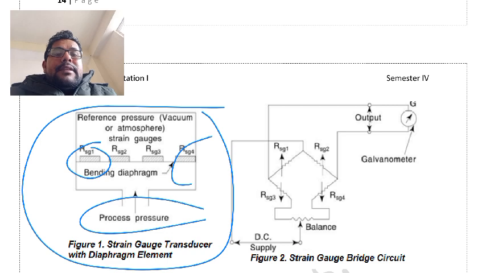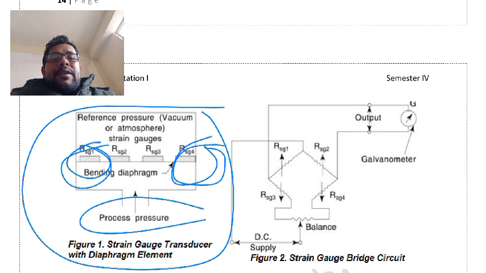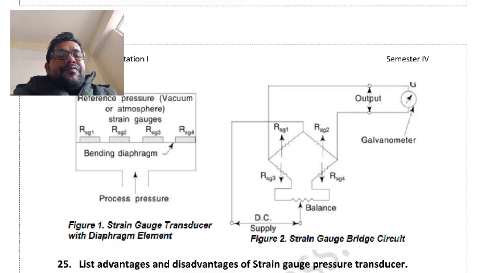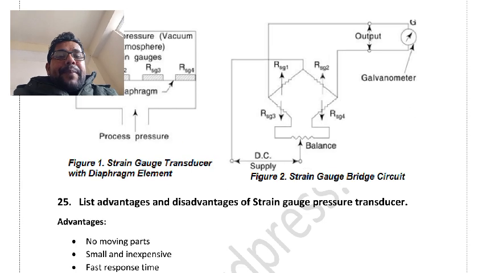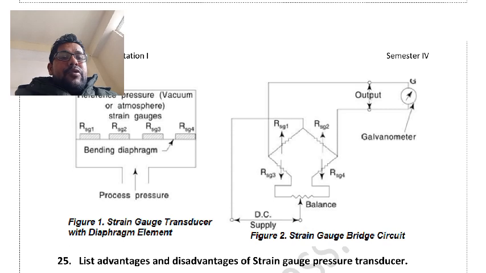RG1 and RG4 are two resistances whose resistance increases when pressure is applied. For the other two, RG2 and RG3, when pressure is applied, the resistance decreases. This is the construction, and all these resistances are placed in an electrical Wheatstone bridge.